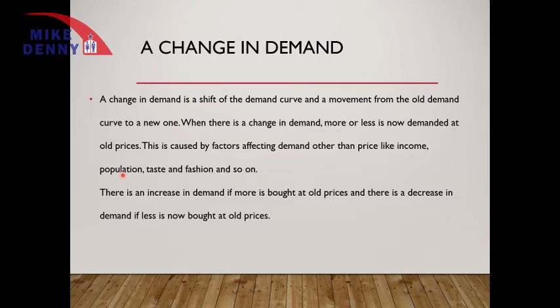So that change in demand caused by other factors affecting demand other than price is described as a change in demand. There is an increase in demand if more is bought at old prices, and there is a decrease in demand if less is now bought at old prices.